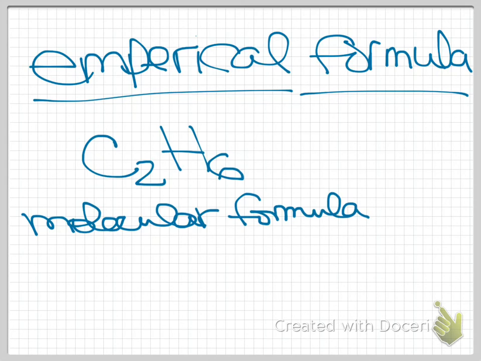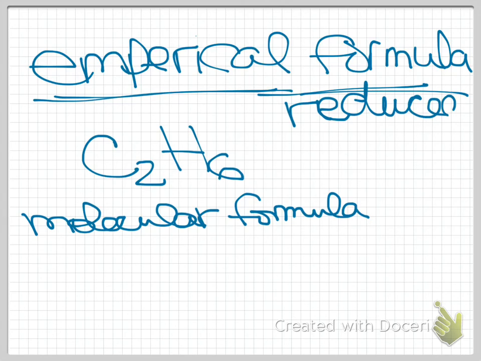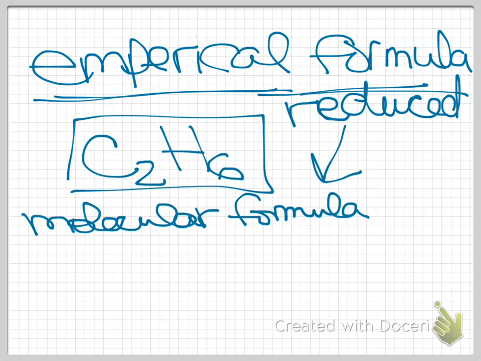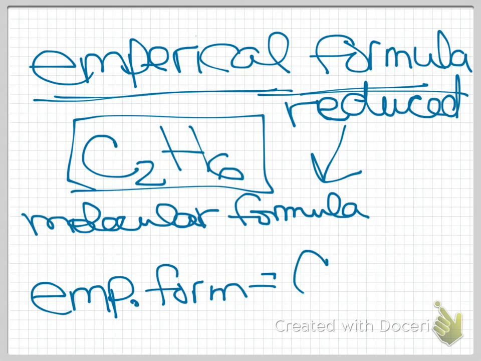The empirical formula is a reduced molecular formula. So we're going to take this and we're going to reduce it. You're going to ask yourself what goes into both 2 and 6, and that answer would be 2. So we're going to divide both of those by 2. And so the reduced formula for this, the empirical formula, would be CH3.